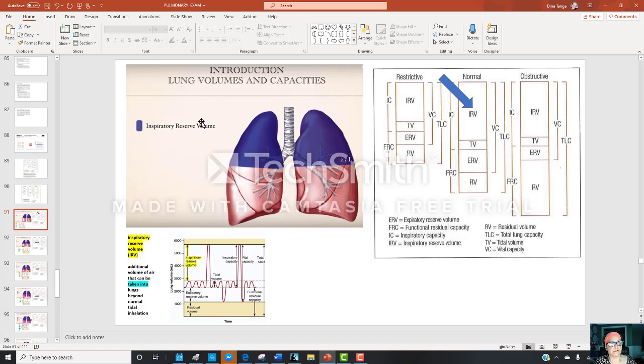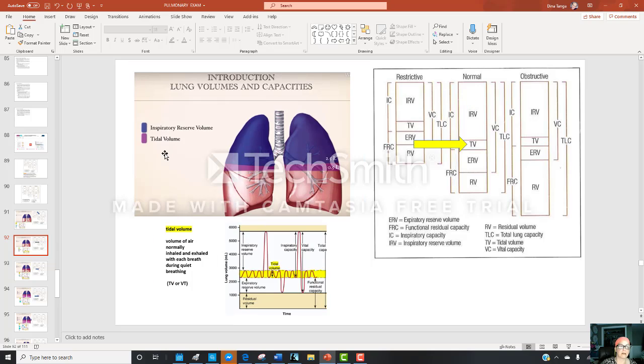So, inspiratory reserve volume: additional volume of air that can be taken into the lungs beyond normal tidal inhalation. Tidal volume: volume of air normally inhaled and exhaled with each breath during quiet breathing.